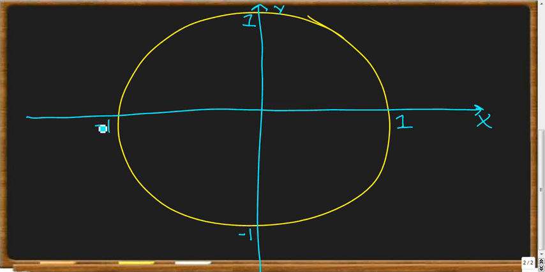As we rotate around, we're making little triangles. One triangle may be right here. Let's say we've stopped rotating at this point.